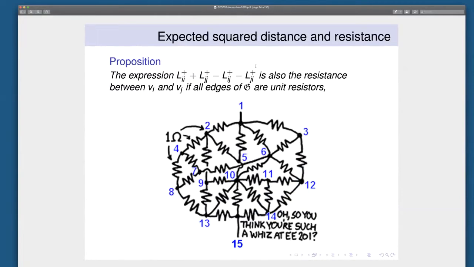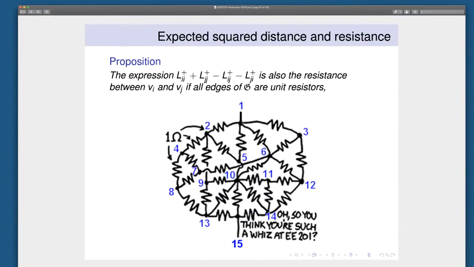So what this tells you is that our expression is the resistance that you'd measure between vertex I and vertex J if all the edges were unit resistors. So this, I think, is a really beautiful thing because it identifies the expected squared distance between, say, vertex 1 and vertex 15 with the resistance that you'd measure if you put voltage plus 1 at vertex 1 and minus 1 at vertex 15 and let it flow through the rest of the network.